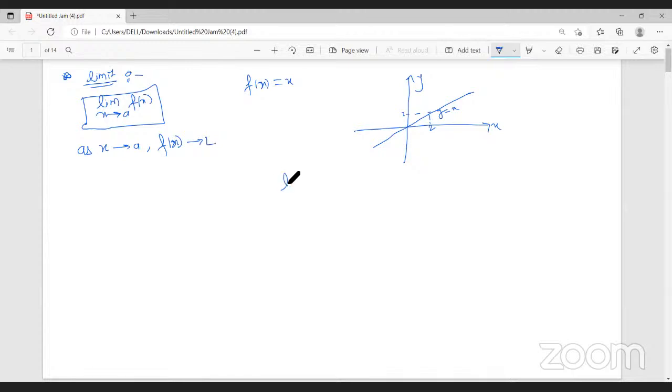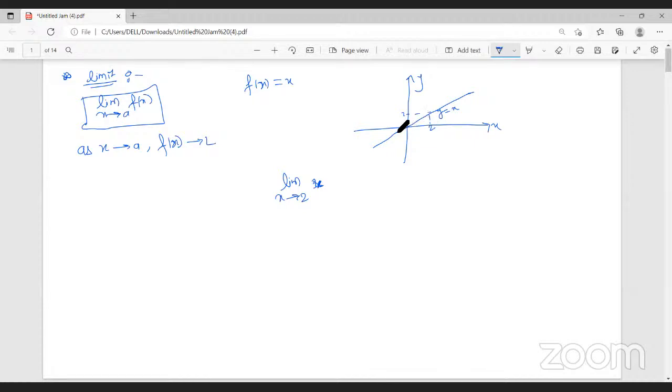Now I want to find out the limit when x tends to 2, what will be the value of this function? So I want to reach this particular value 2. So I want to find out the value at the limit, what it will reach.